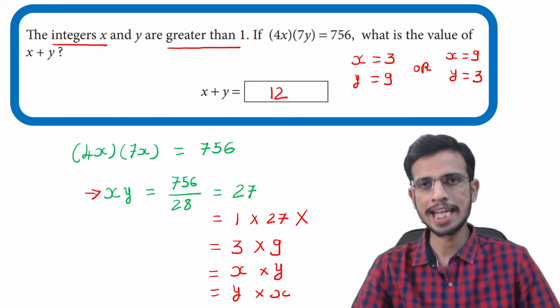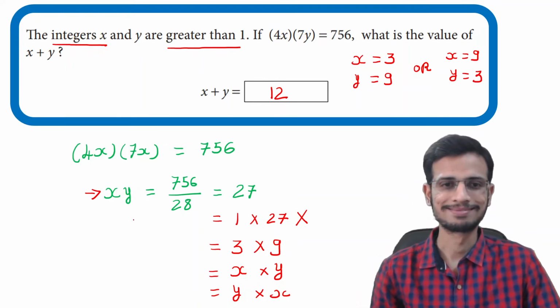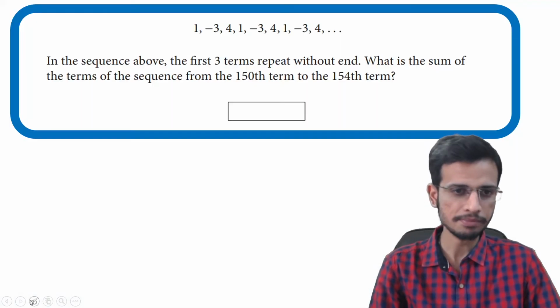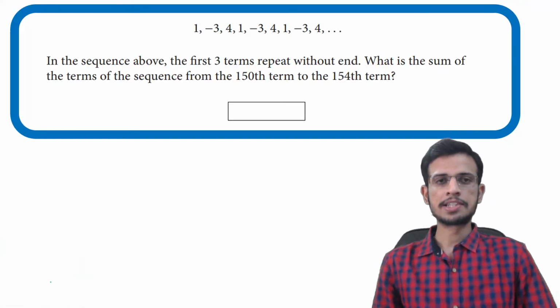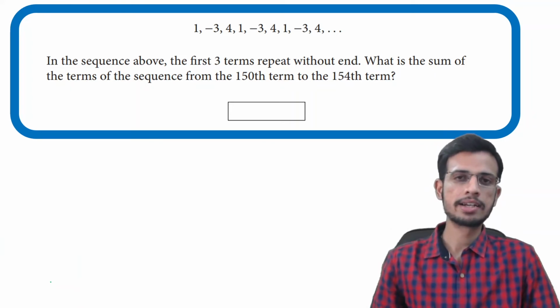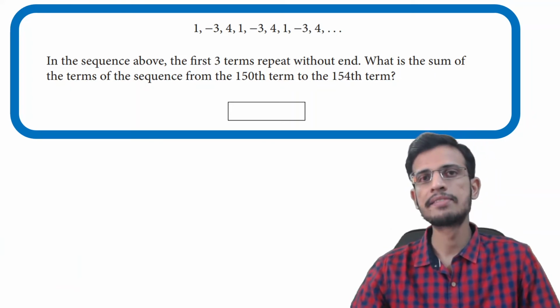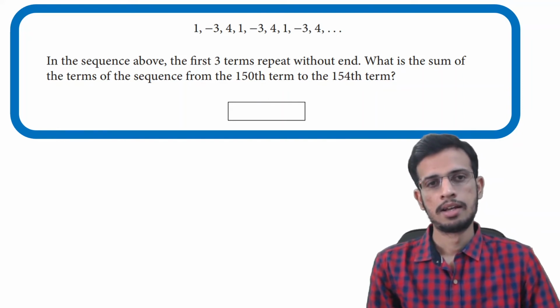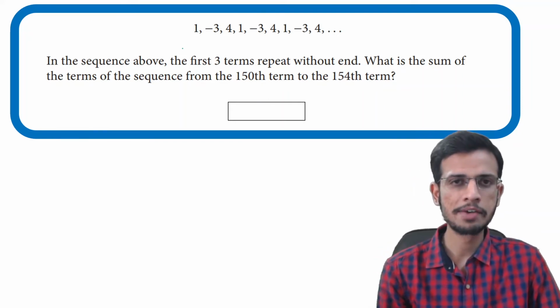So this was a very easy question. You have to become quick in solving the question. Alright. So let's move on to the next question. This question is very tricky, and a little bit difficult compared to earlier questions. In the sequence above, we are given one sequence.